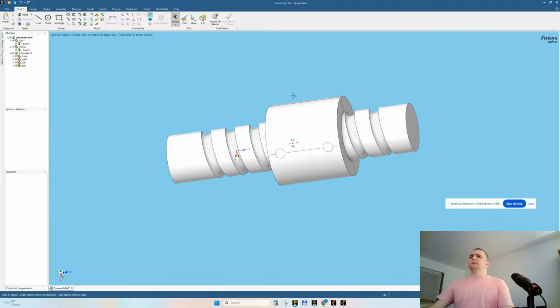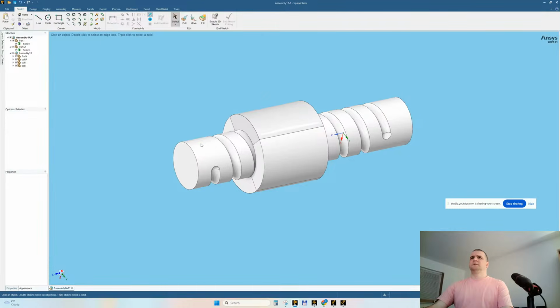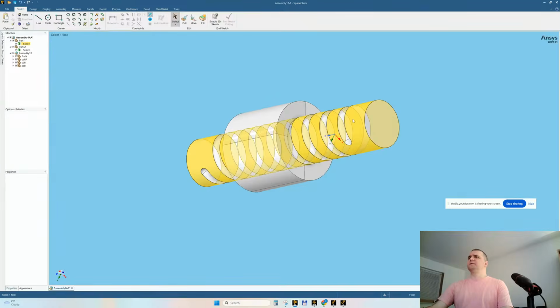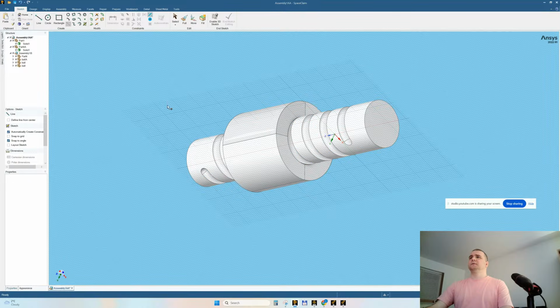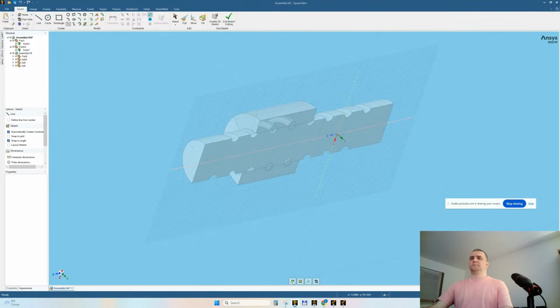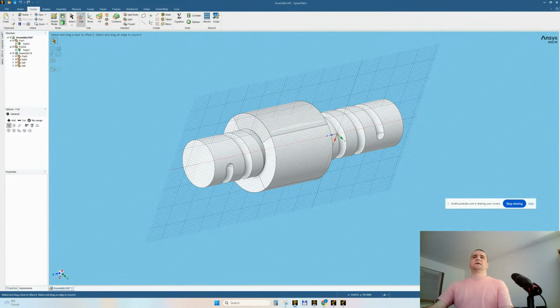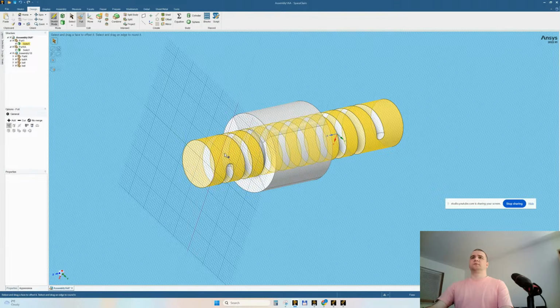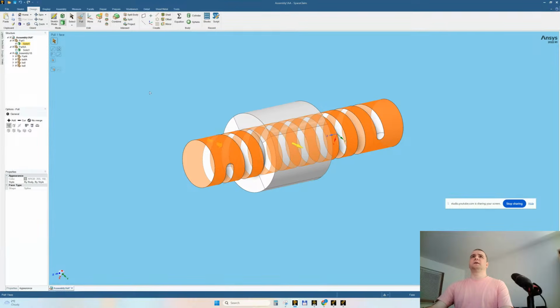These are solids. Oh my God, something useful. Finally, something useful. Design section view according to... Can I select? No. Why can I not assign an axis?